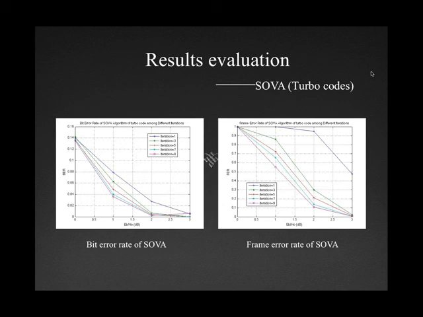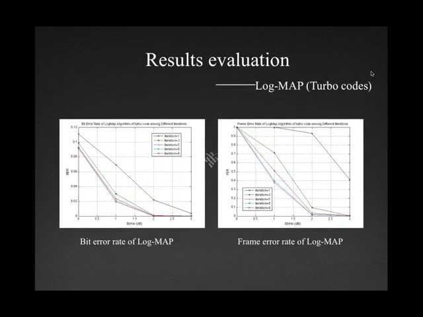They show the bit error rate and the frame error rate of the SOVA algorithm. The trend is almost the same as in the figure on the former slide. I mean, in this slide, the trends of them are almost the same.